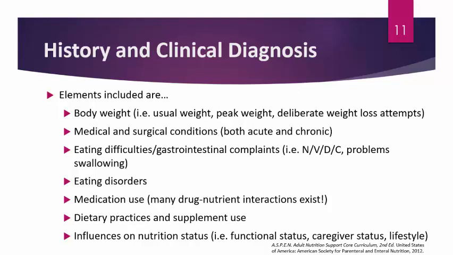Medical and surgical conditions, both acute and chronic, can affect your nutritional status. So say if you get a pretty massive GI surgery completed, that may actually affect what you're able to eat after that, depending on if they remove certain parts of your bowel.